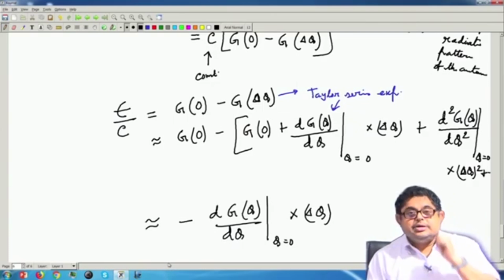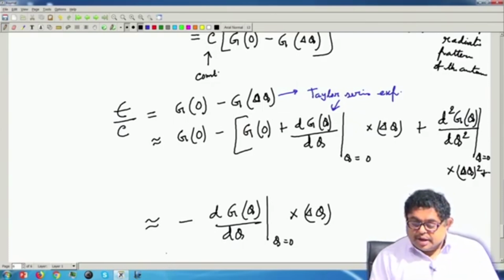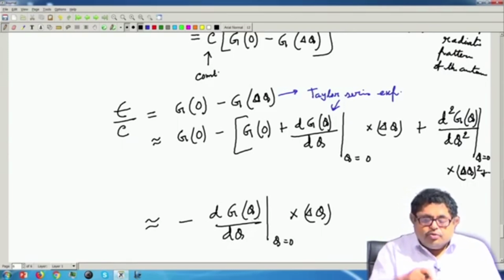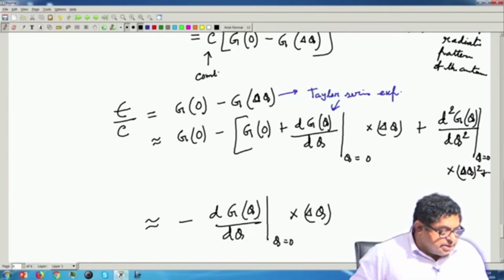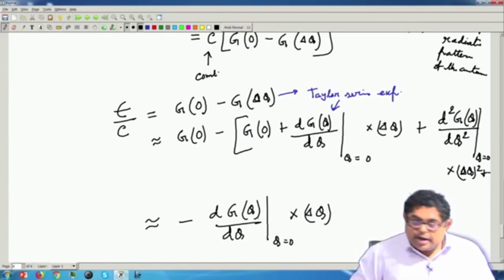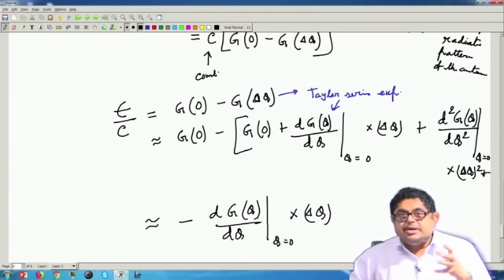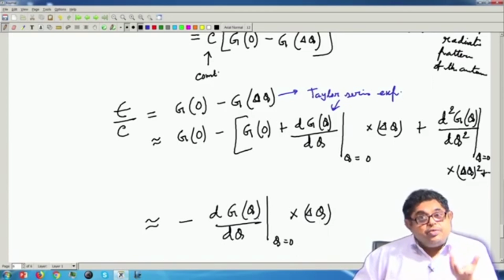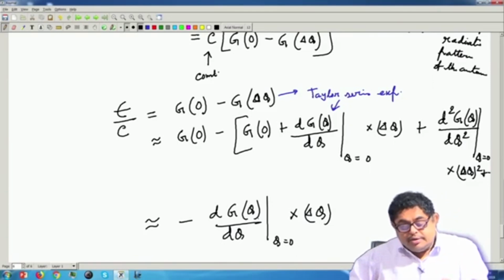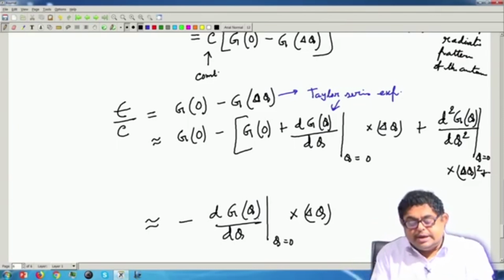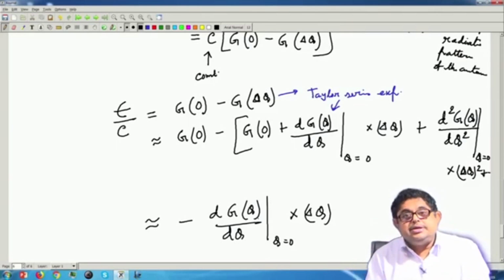Now you see, what does this error signal signify? If my measurement is to be very accurate, because tracking radar needs this angle measurement very accurate, I require that for a small change in delta theta, there will be a large value of this thing.